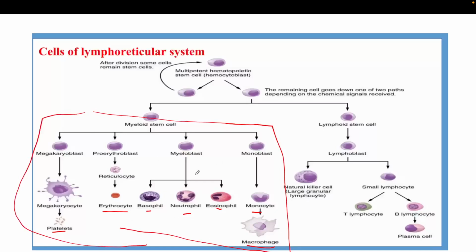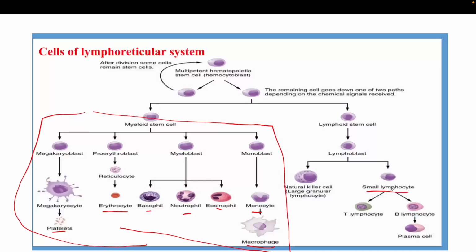The lymphoid stem cell will give the lymphoblast as the progenitor cell. It is then further divided into the natural killer cell, which could be part of the innate immune system as well as the adaptive immune system, and the small lymphocyte.